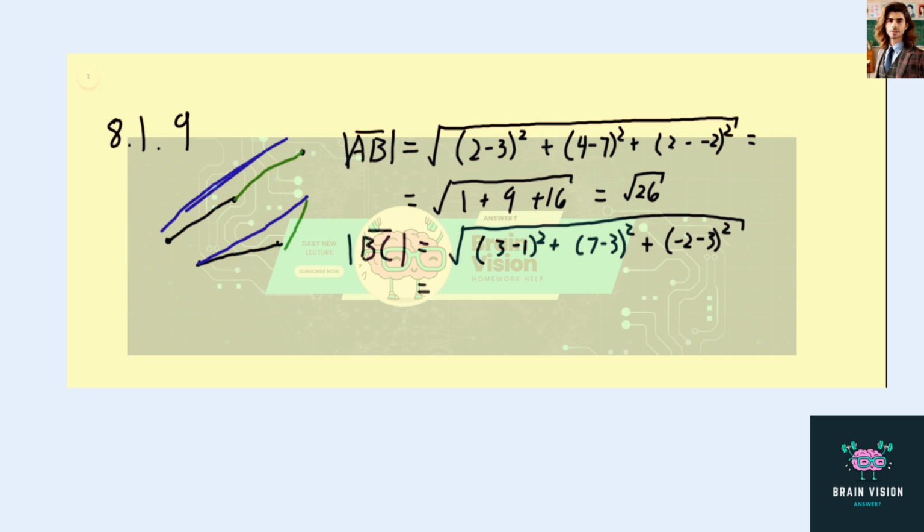So simplifying that, we have 2 squared is 4, 4 squared is 16, and then negative 5 squared is 25. So this would add up to square root of 45. Lastly, AC.